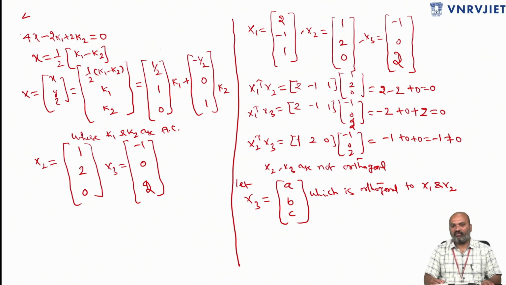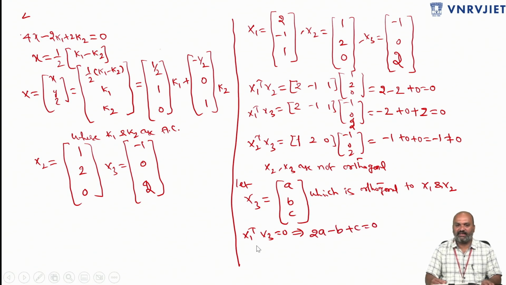So now we have unknown values a, b, c. Let's determine those unknown values. That means x1 transpose x3 is equal to 0. x1 transpose means 2, minus 1, 1 times this. That gives 2a minus b plus c equal to 0 as one equation.